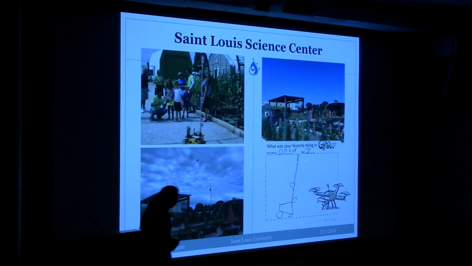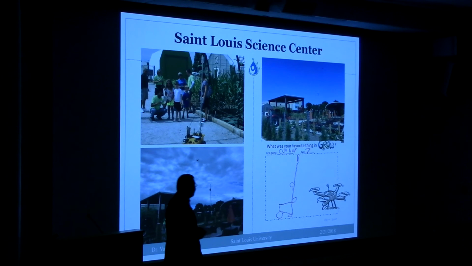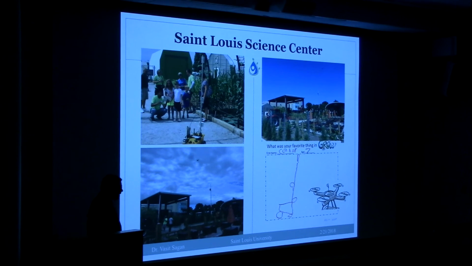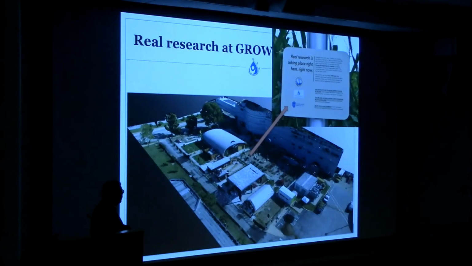Is it 2 years old? 7 years old, sorry. A 7-year-old who visited the Science Center, and his favorite toy is this, right? And of course he played with the temperature and this, that here. And of course some drone, yeah, that's his favorite toy. So that's how we are getting the science to the public.